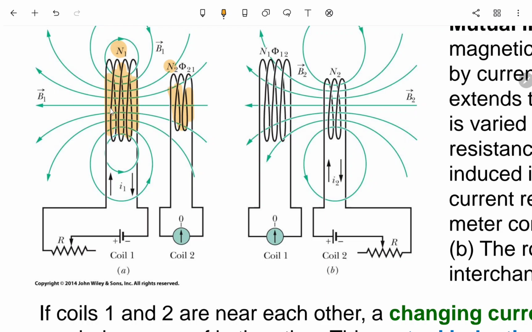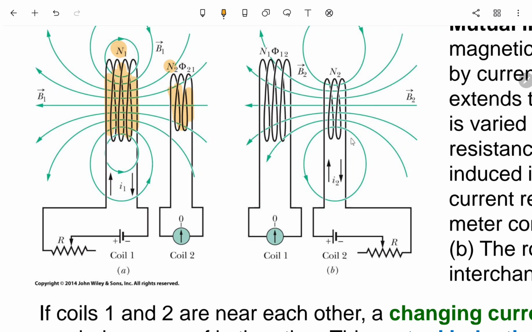Now we don't change the coils. We still keep N1 here and N2 here, but now we connect the battery and the tunable resistance to coil 2, and then we connect the ammeter to coil 1. In such a way, we can control the current for coil 2, as I2.